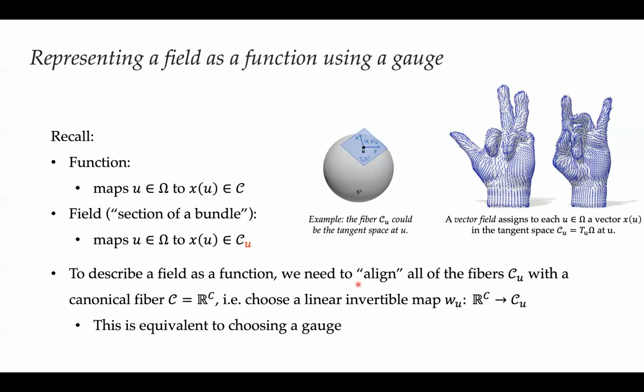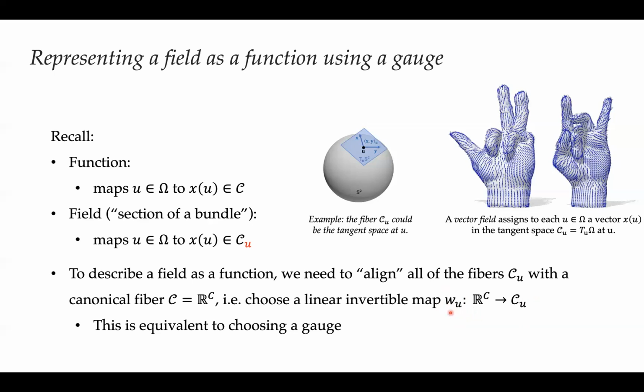And to align basically means we have to choose a linear invertible map, W_U, sometimes denoted omega_U, that maps from R^C, from our coordinate space, to C_U. And ideally we would want this to be smooth in U.